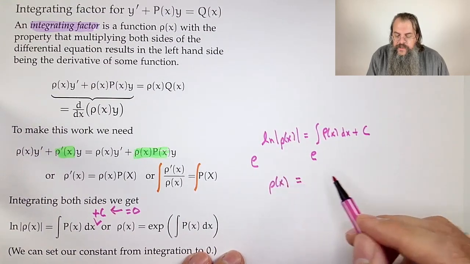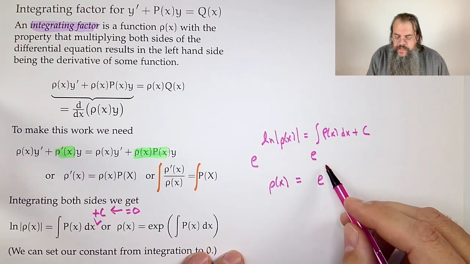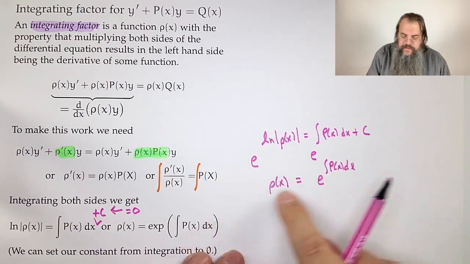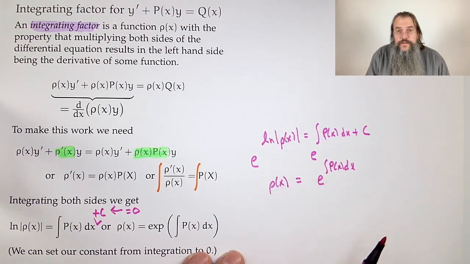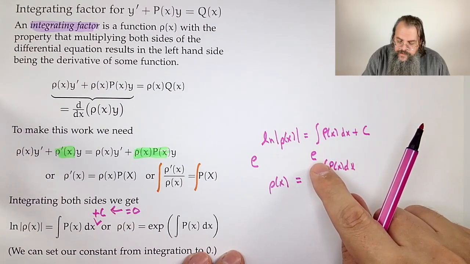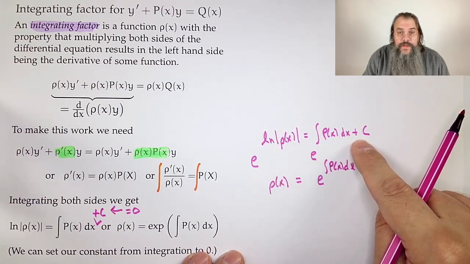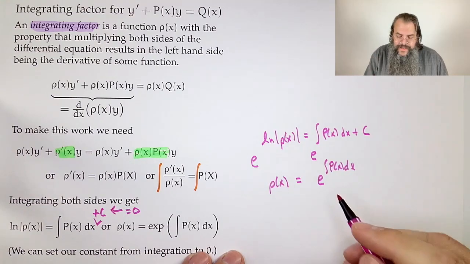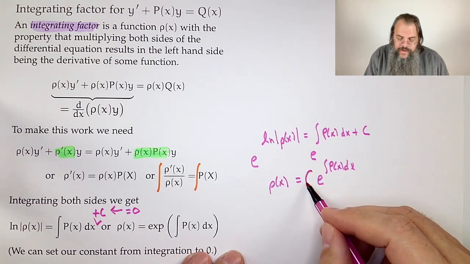And on this side, well, you'll have your e to the integral of p of x dx. That's the same thing as the exponential function of the integral of p of x dx. And then, remember how this works. This e addition becomes multiplication. So you have e to a constant, and e to a constant is a constant. So we can write it as c.